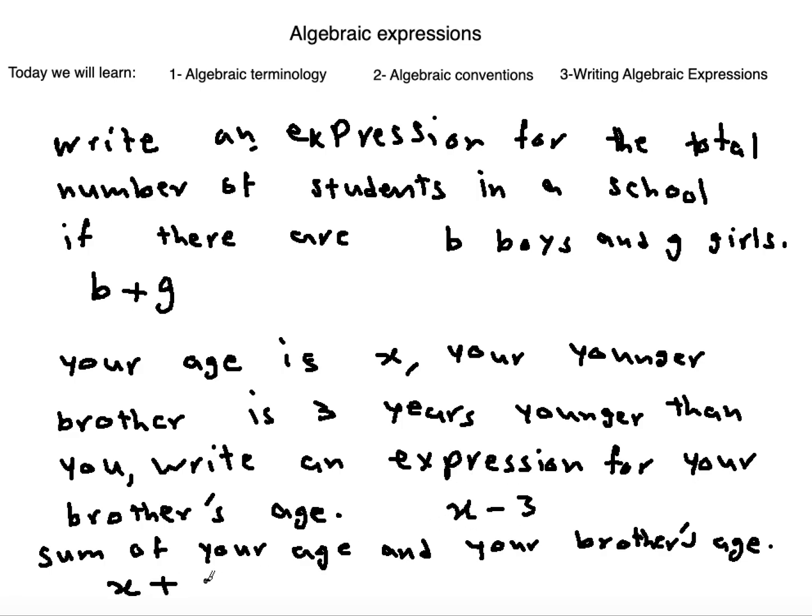That's your brother's age. So we add them like that. Later on, we will learn how to combine these two. But for the time being, just remember that we are adding your age and your brother's age. And your age is X and your brother's age is X minus 3. So we add them because sum means add. If they talk about difference, you know that you need to subtract.